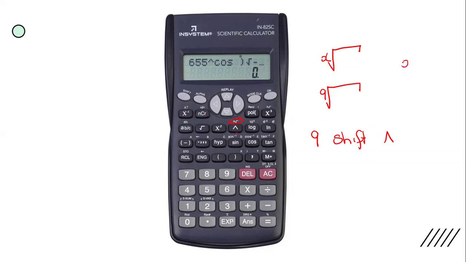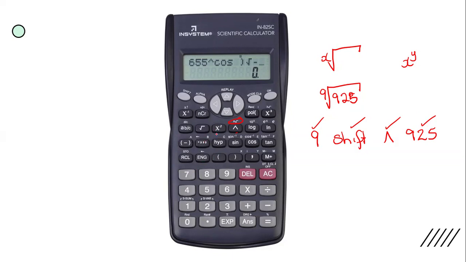Those of us who have x to the power of y would click that button instead. And then we click whatever number we want to take the root of. So we would go number, shift, power button, and then the number that we want to take the root of.